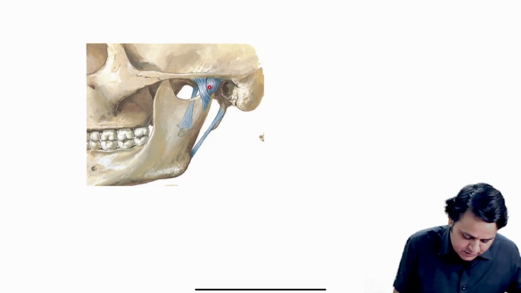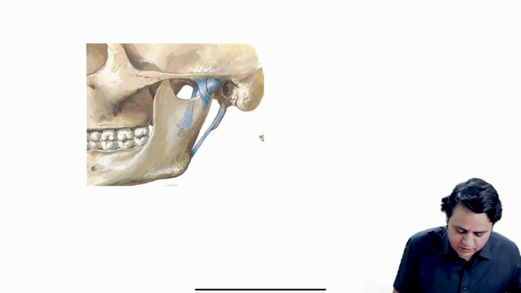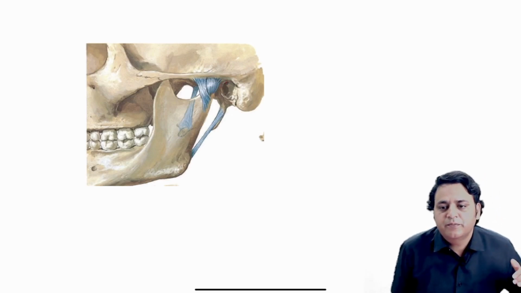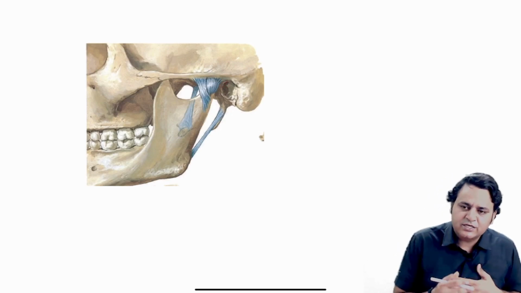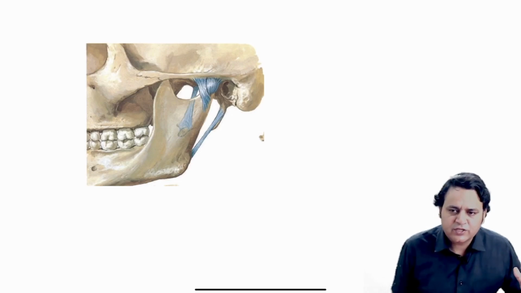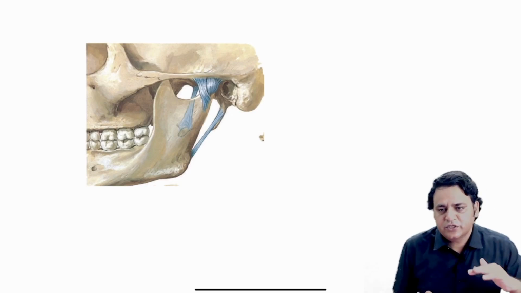Then it is attached to the neck of the mandible. Then it goes behind to attach to the mandibular fossa, and the exact location is the junction of anterior 2/3 and posterior 1/3.